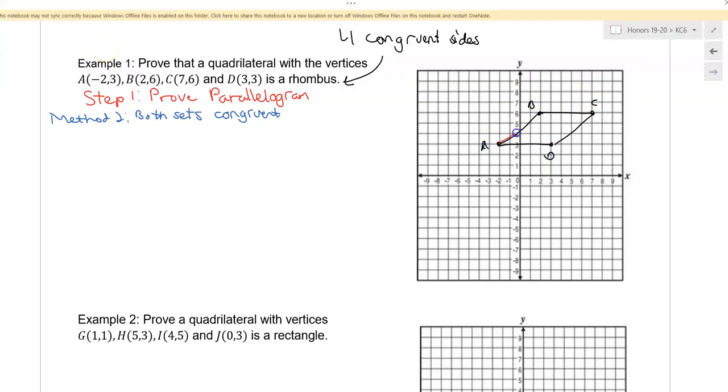From A to B, that's 3, and then 4, okay? So, our distance for A to B, well, 3 squared plus 4 squared will equal our distance squared. So that's 9 plus 16 equals our distance squared. So 25 equals our distance squared. Since this is a nice perfect square, I'm actually going to say 5 equals our distance.